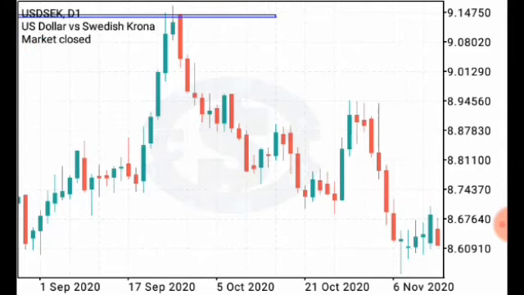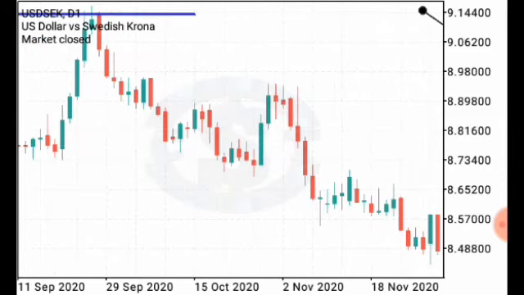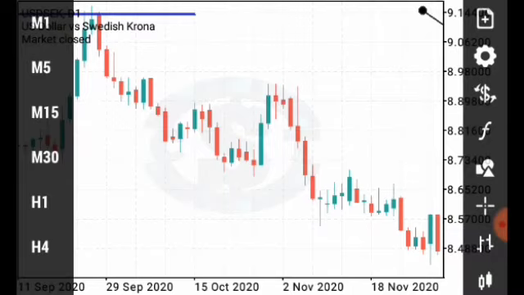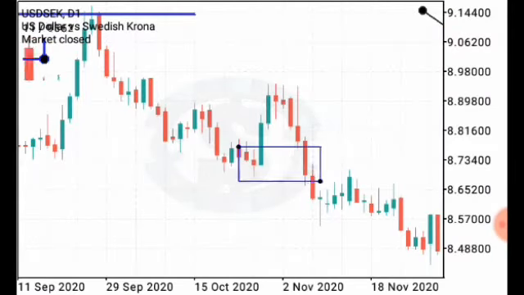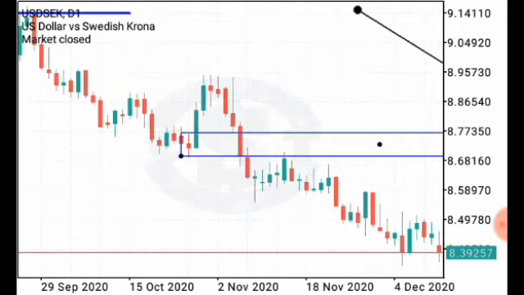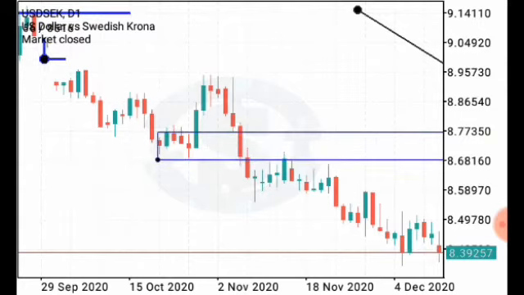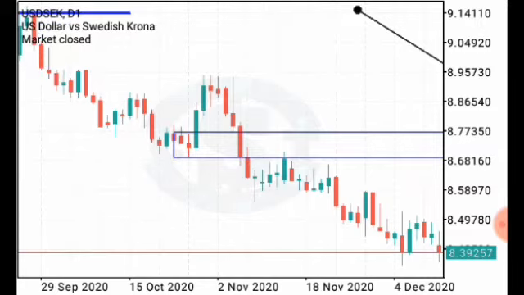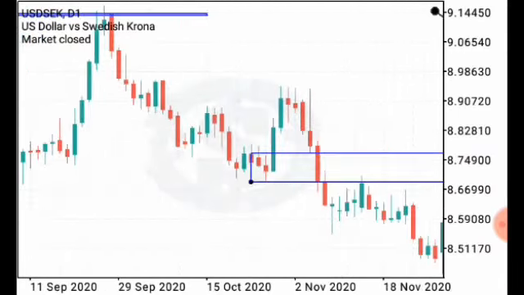If you understand the supply and demand concept, when we draw a demand level, we are looking at the last down close candle before the strong up move. That is where your demand is hidden. You can see that this totally consumed that level.